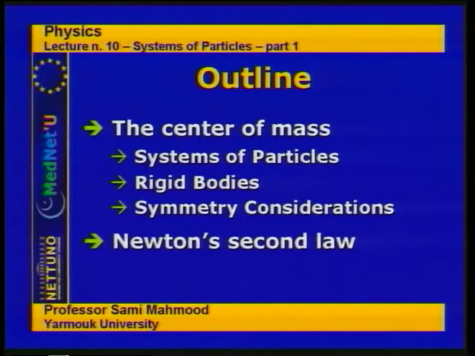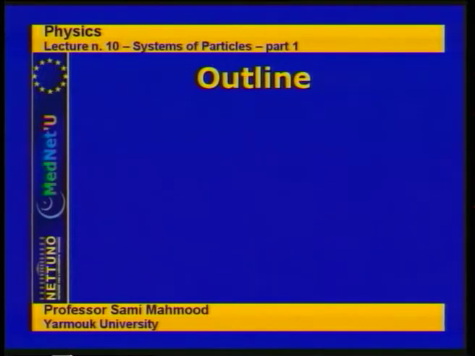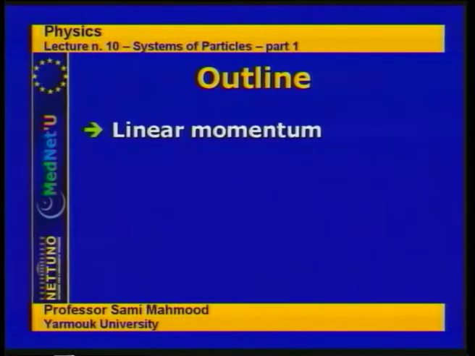After that, we will write down Newton's second law and derive it from the definition of the center of mass location. Then we will define a new quantity, which is the linear momentum for a particle.